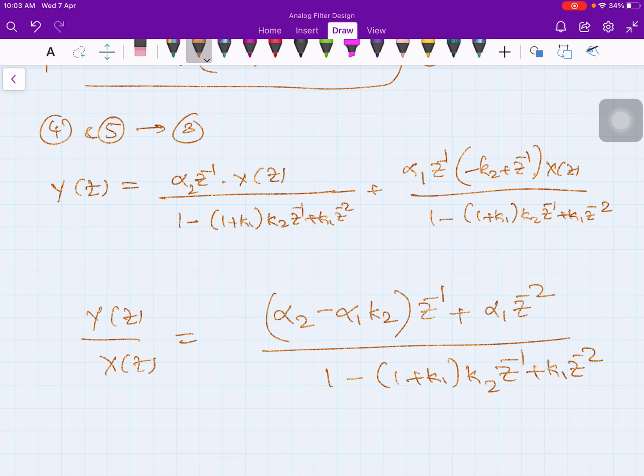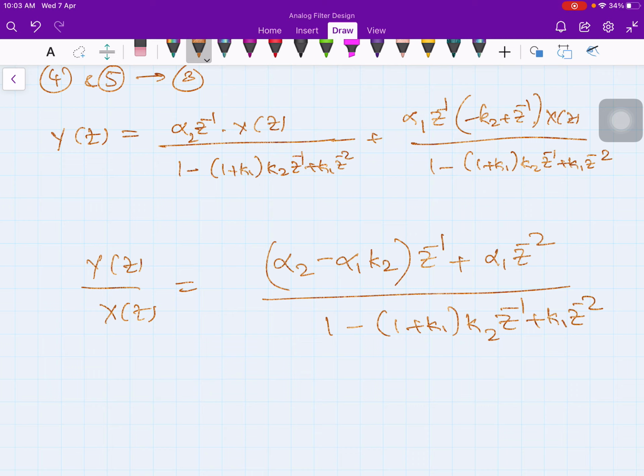That's it. Okay, the job is done. So now this is the transfer function h of z.